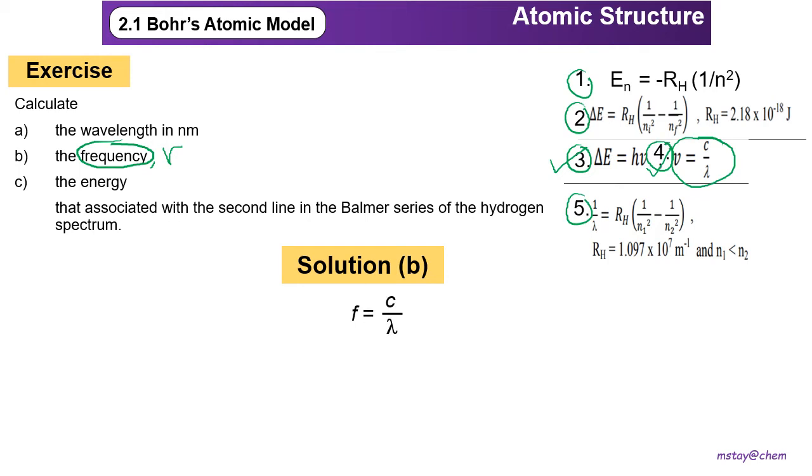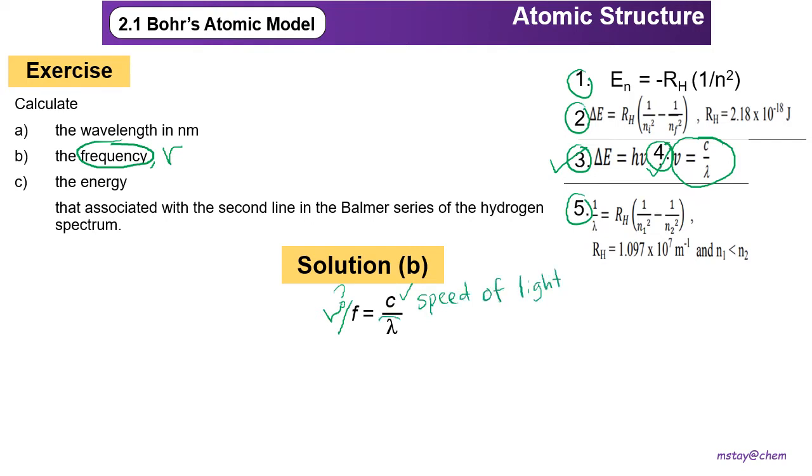Another symbol for frequency is f, or you can use nu. Frequency is the one that we are going to determine, so this is an unknown. c is the speed of light, which is a constant.